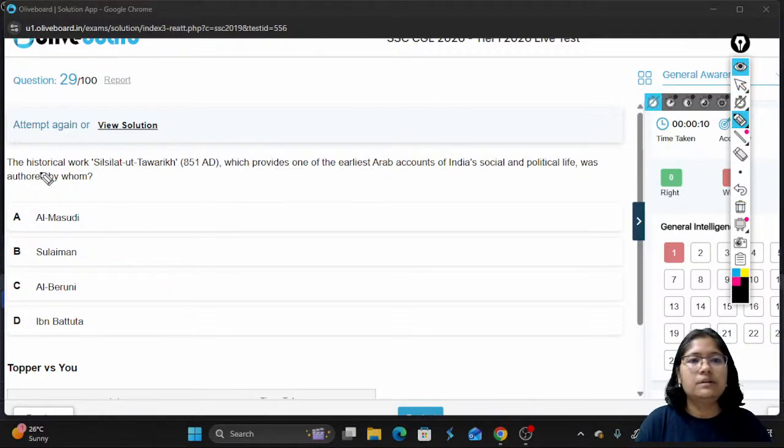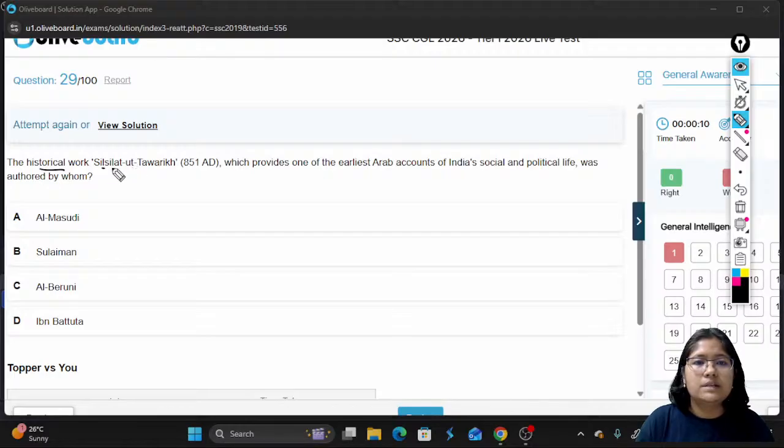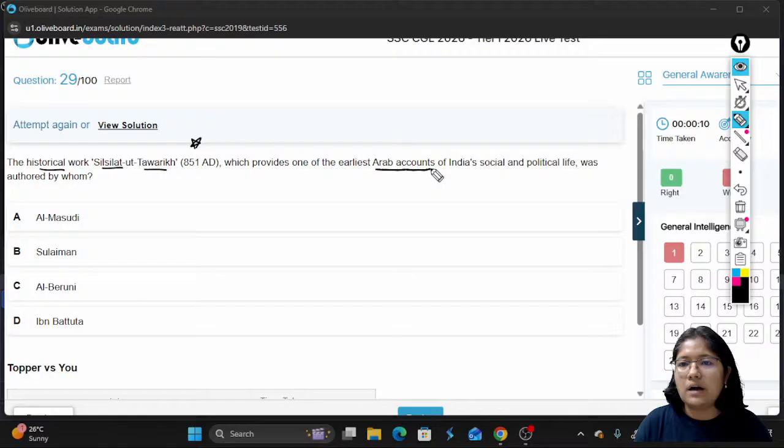Next question. The historical work Silsilat ut Tawarikh, 851 AD, which provides one of the earliest Arab accounts of India's social and political life, was authored by whom?